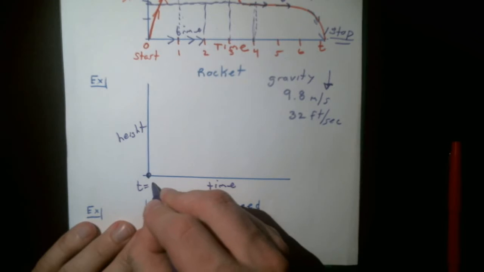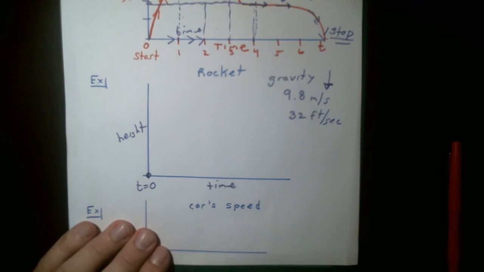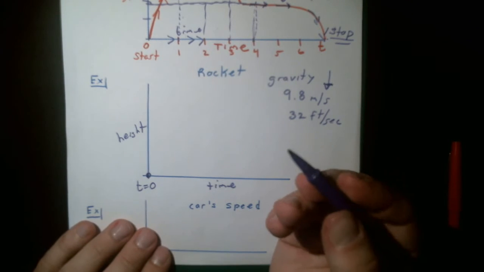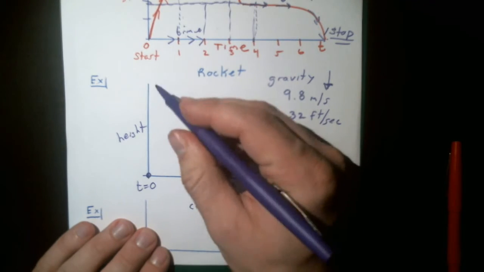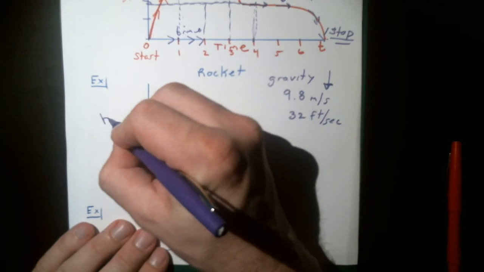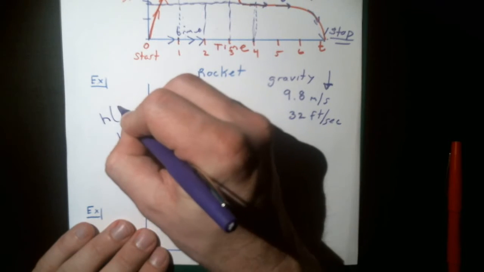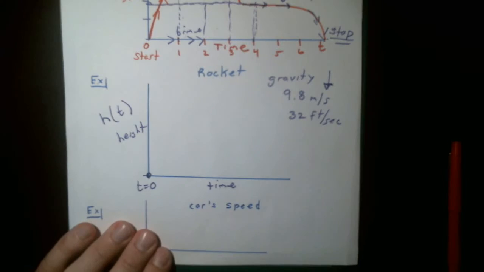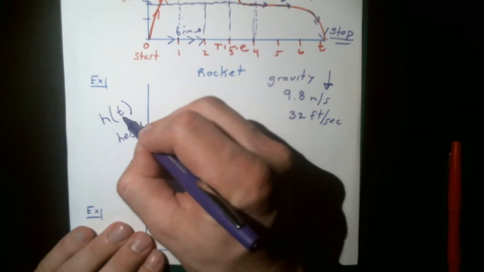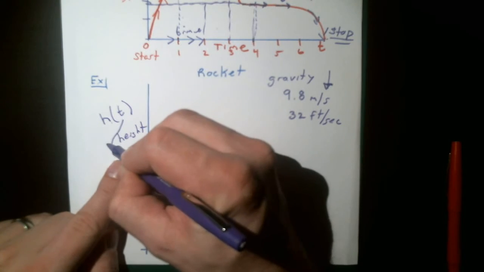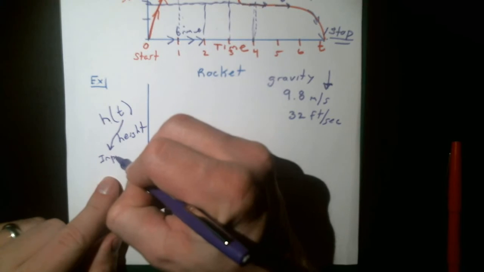So t is 0, and what's the height? Well, the height is 0 as well. So we're going to call this y-axis h of t. The input, which is right here, is what we call the input.